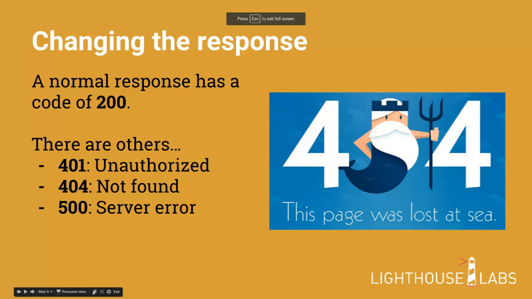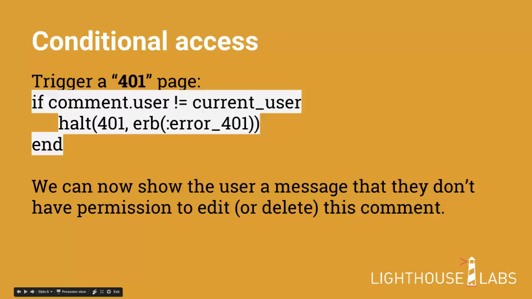Always enjoy reviewing those. And here's a conditional access. So this is something that you would put into a filter, and you can just test. You can say, well, has this user been granted administrative access? Or in this case, is this user trying to edit a comment, right?